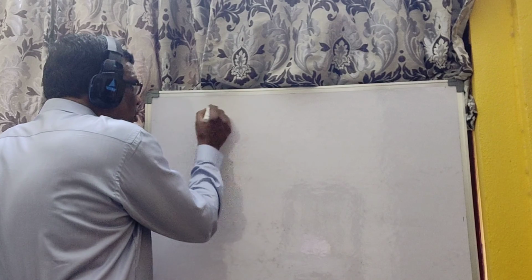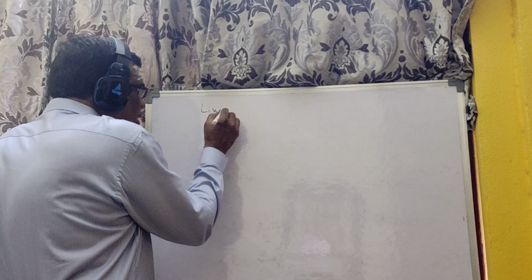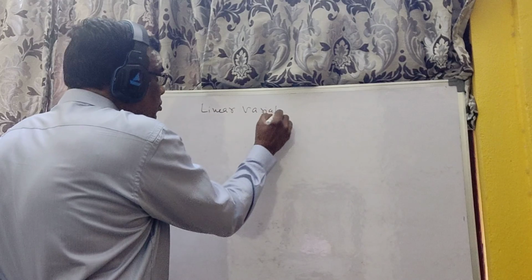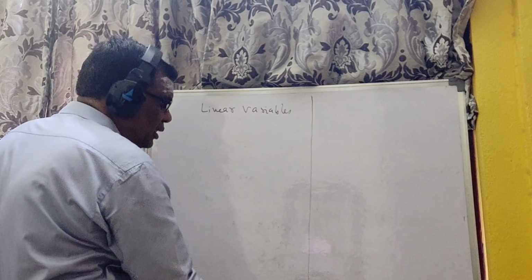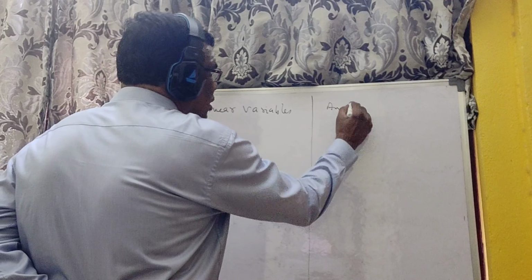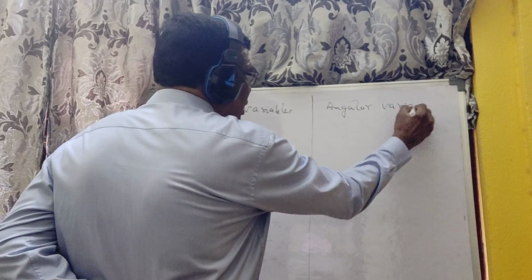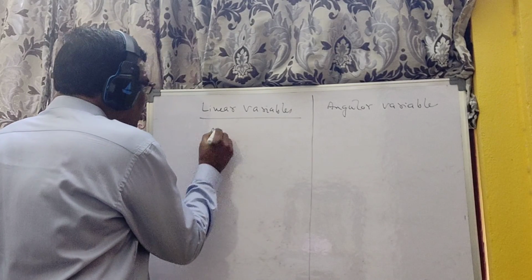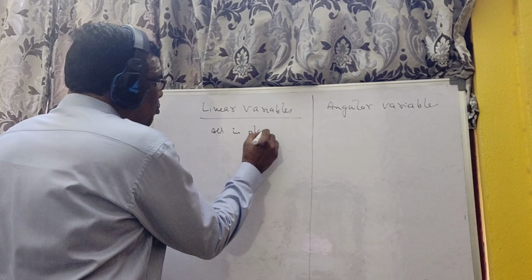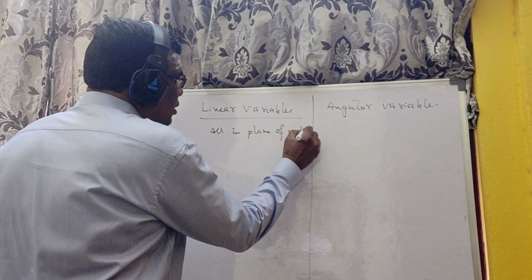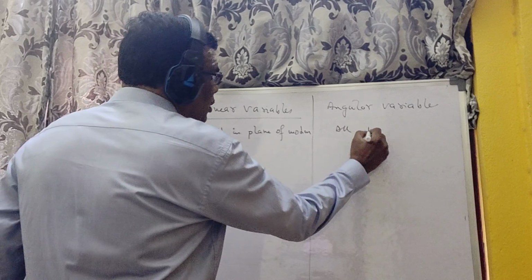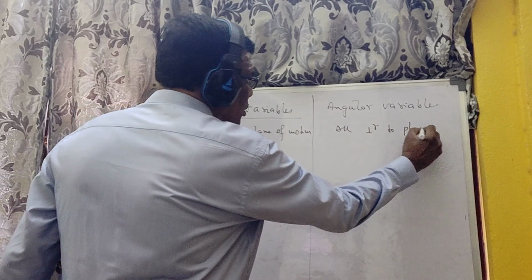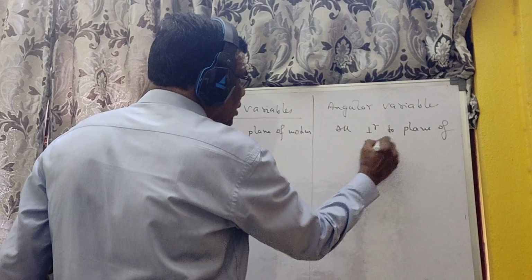Now, with this background, let us look at, just as you have linear variables, and this is angular variables. The linear variables are all in the plane of motion, the angular ones all perpendicular to the plane of motion.